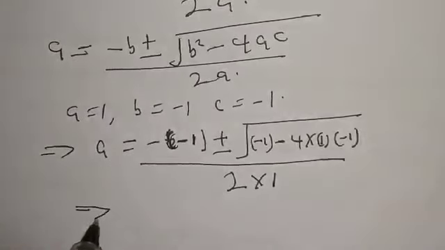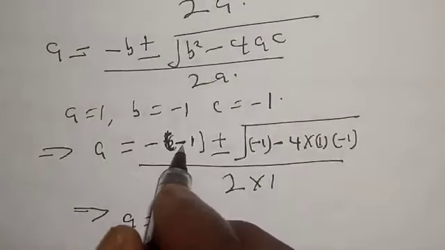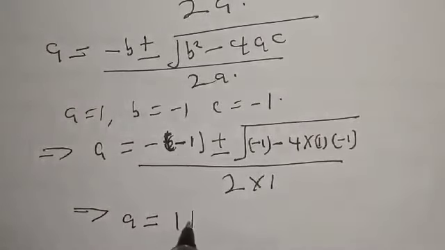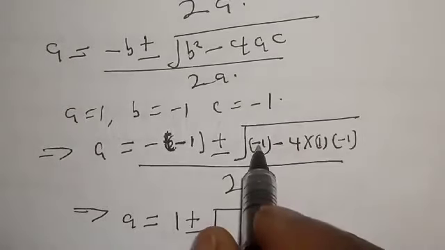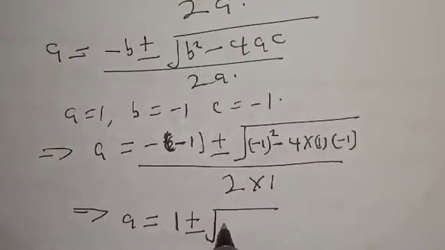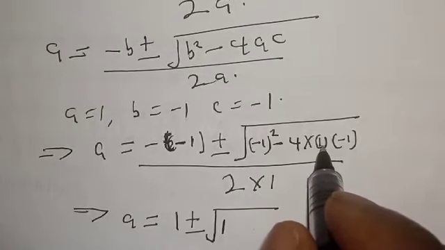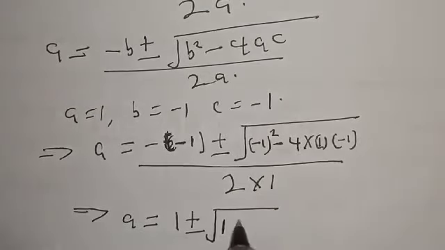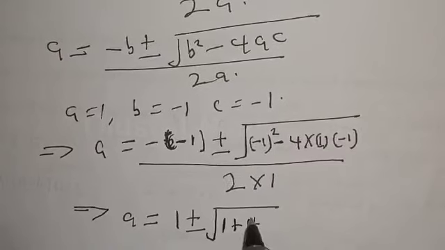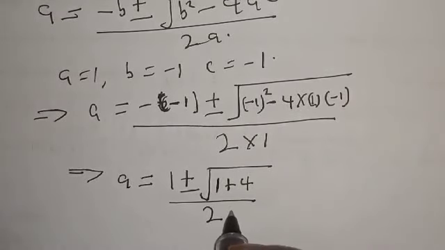Then this implies that we have a equal to 1 plus or minus square root of minus 1 squared, which is the same thing as 1. Then minus 4 times 1 times minus 1 is going to be plus 4, over 2.